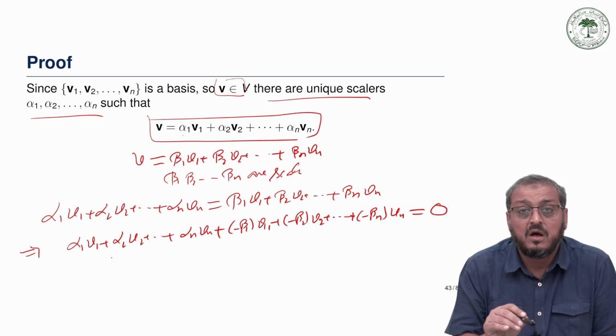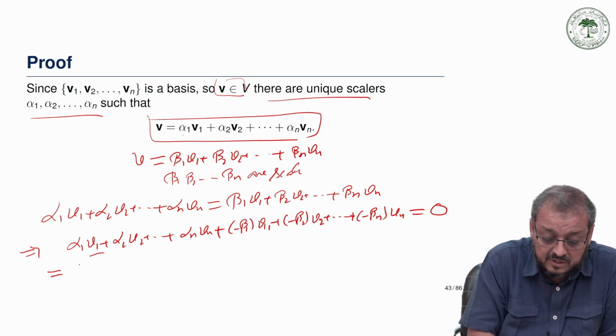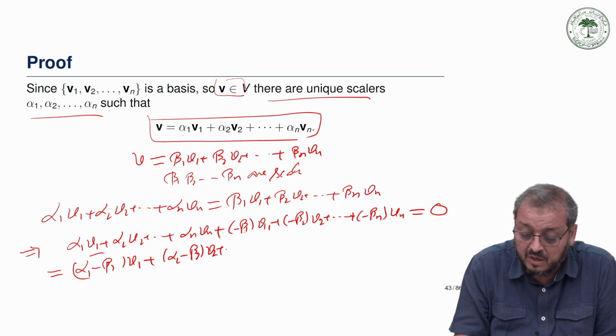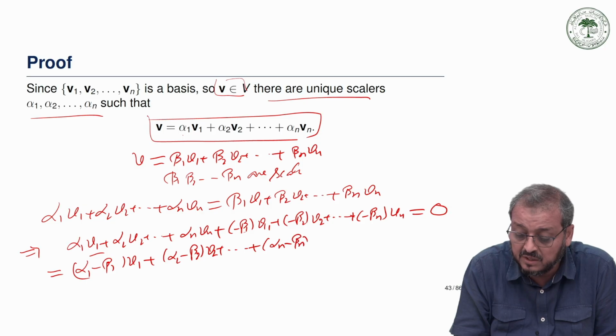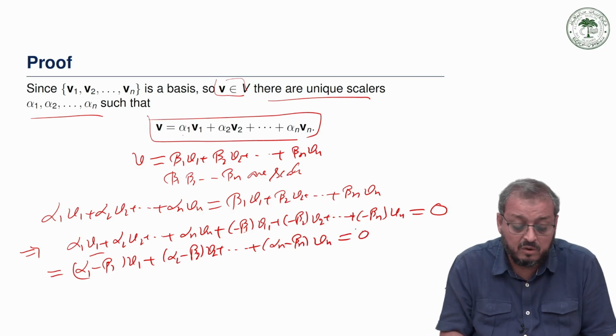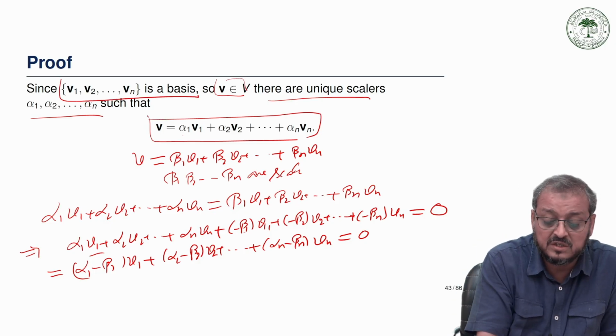Now we combine the vectors V1, V2, Vn. So this can be written as alpha 1 minus beta 1 times V1 plus alpha 2 minus beta 2 times V2, and so on, up to alpha n minus beta n times Vn is equal to the zero vector. Now we have the given condition that V1, V2, Vn is a basis.